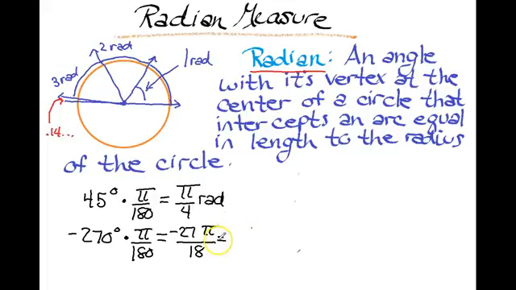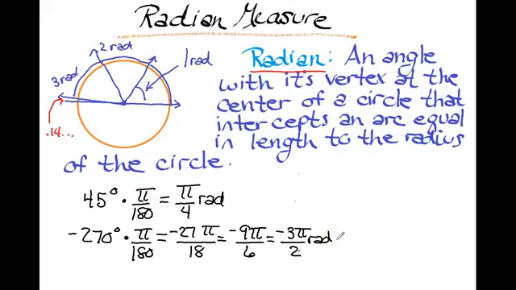And then 3 goes into both of them, and 3 goes in again. So negative 270 degrees is negative 3 pi halves radians.